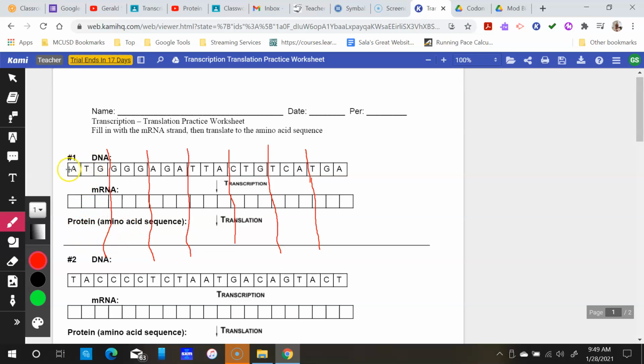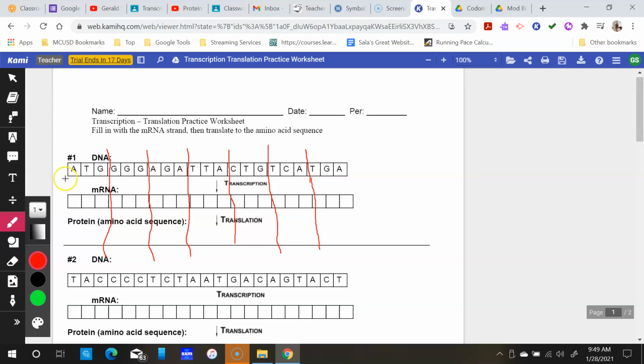So what you have here is, say, a segment of a gene, a segment of DNA that codes for a specific protein. So you're going from DNA to mRNA, and remember when you're with RNA, thymine is replaced with uracil. So you've got to remember that as we go through with the complements.